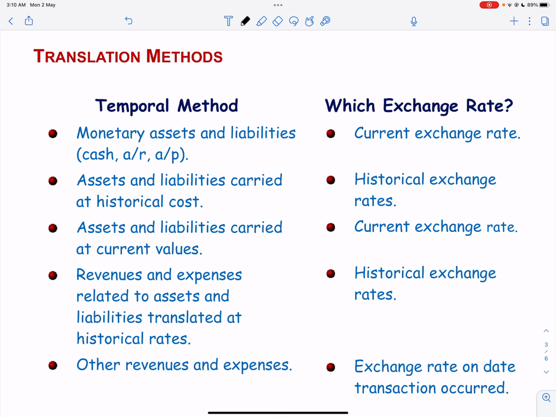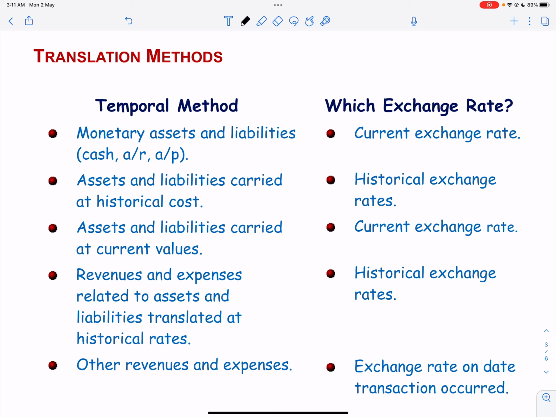In the temporal method, the adjustments are recorded in the income statement, so we don't make any adjustments in the balance sheet. When converting monetary assets and liabilities such as cash, accounts receivable, accounts payable, anything that qualifies as a monetary asset or liability, translate at the current exchange rate.